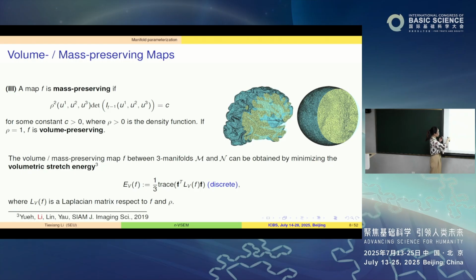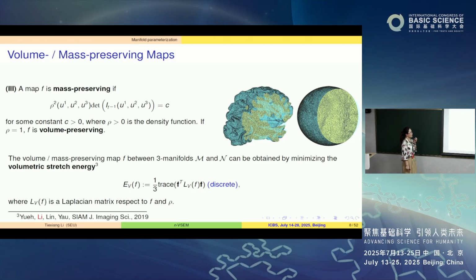VSE is these three capitals, the name in the title of my talk. So we can get the volume or mass preserving map by minimizing this energy. This energy is still in the discrete version, and here L_V is a Laplacian matrix with respect to F and rho.